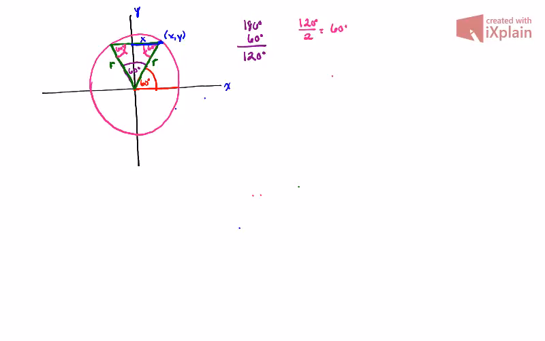But this is really the horizontal distance that we moved away from the origin, so we're going to call this x. This x value is the horizontal distance that I moved away from the axis to get to that point resting on the circle. That means that this side on the left must also be x.